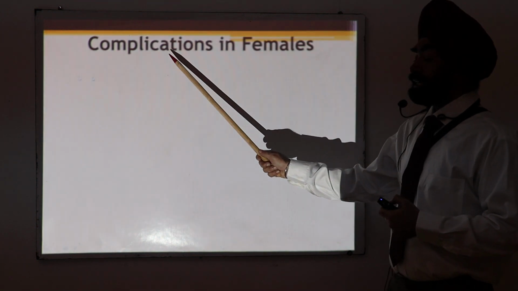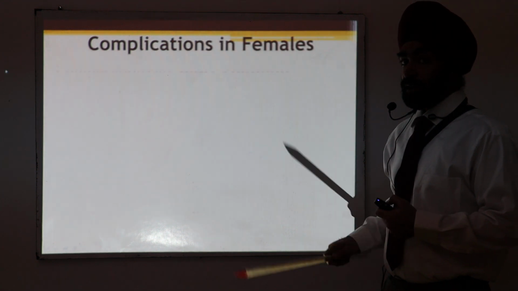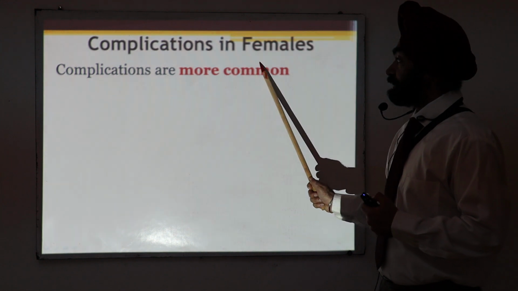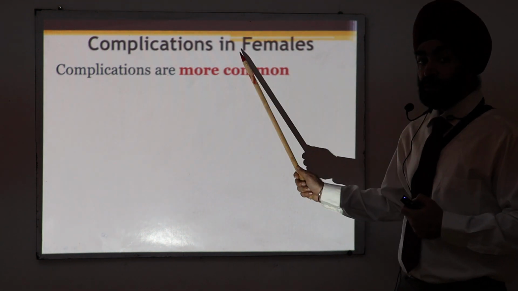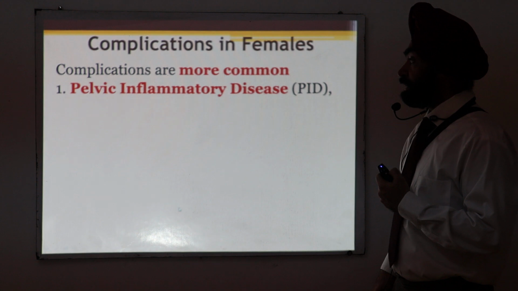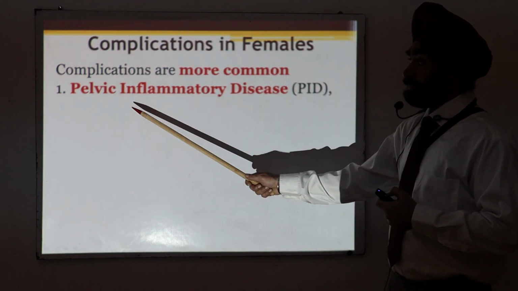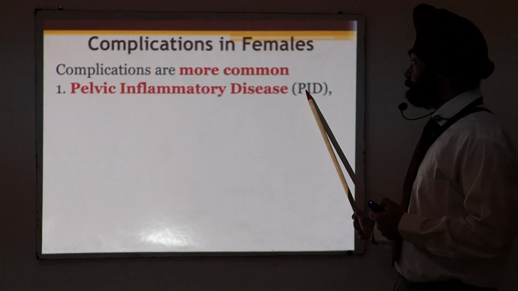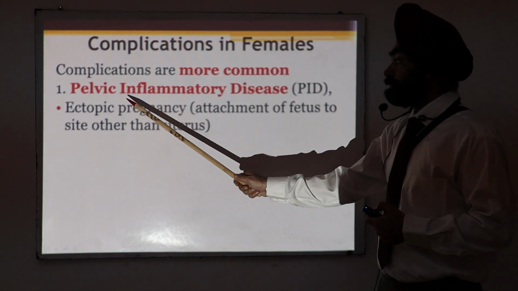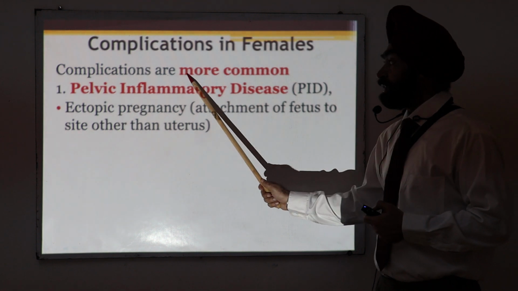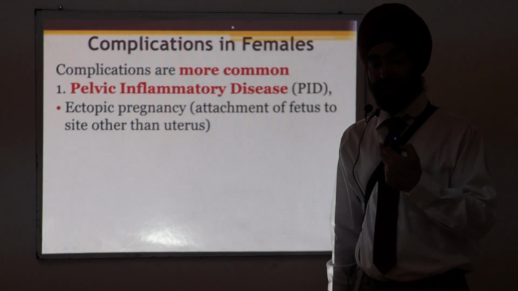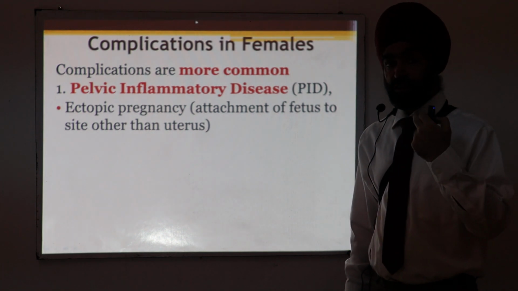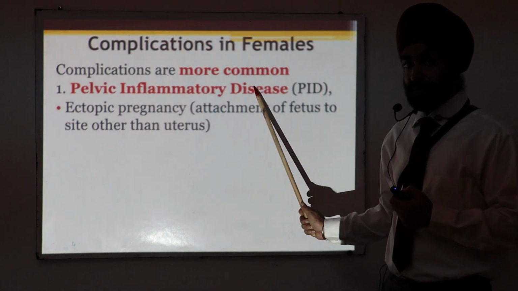Coming to the complications in females: complications were rare in males but not in females. They are more common. One of the complications is pelvic inflammatory disease, in short PID. Pelvic inflammatory disease means a generalized inflammation in the pelvic region, and there are various consequences if this kind of inflammation takes place.